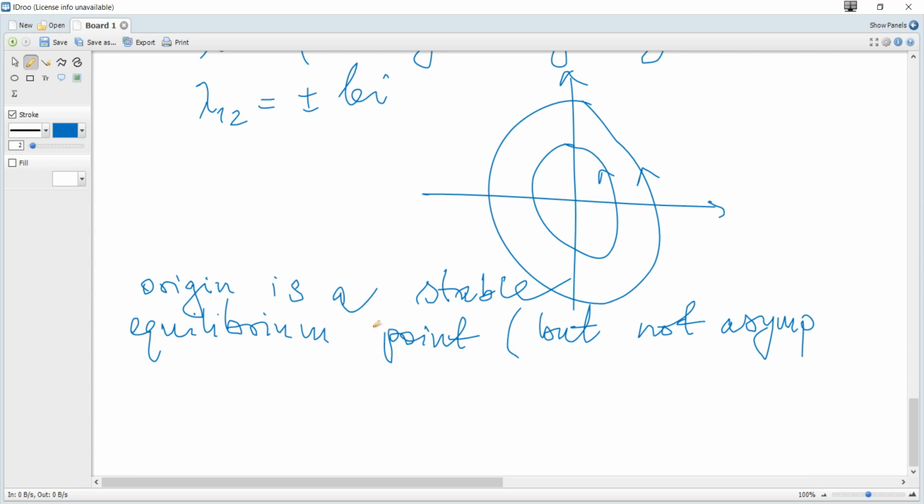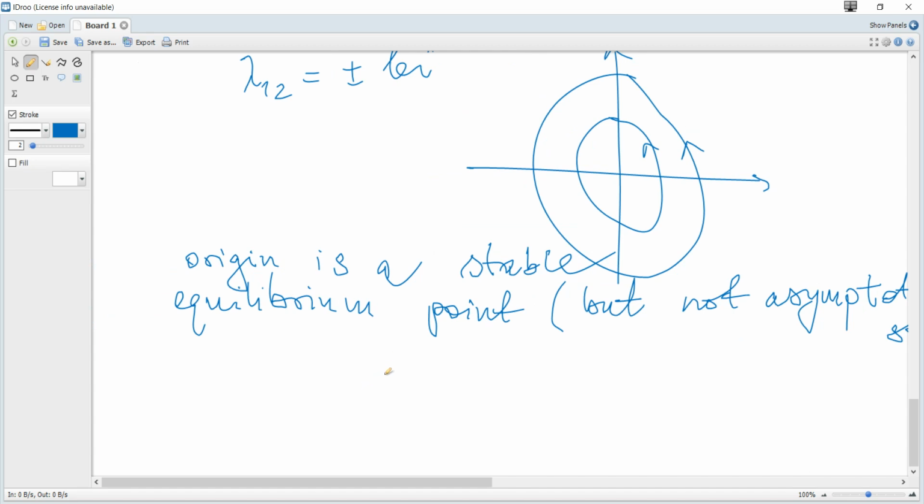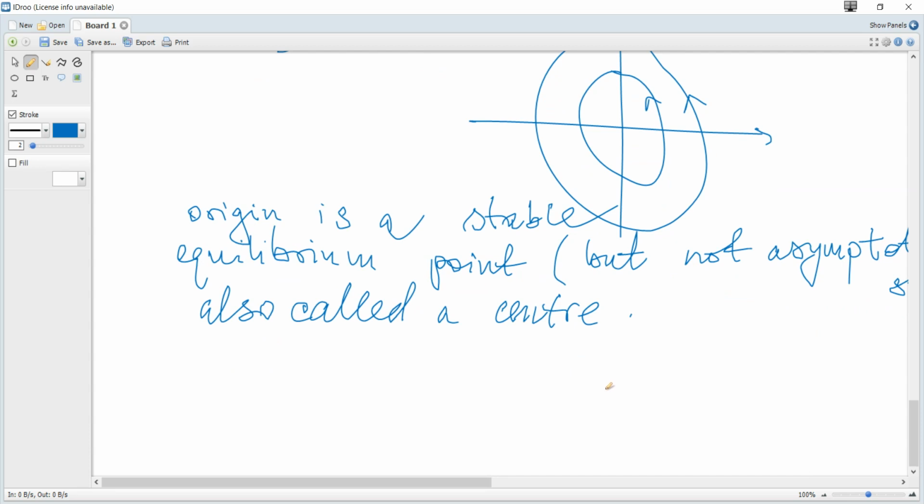The origin is a stable equilibrium point, but not asymptotically stable, also called a center.